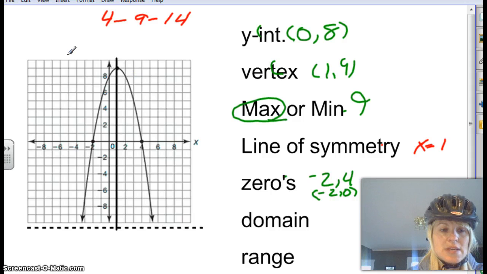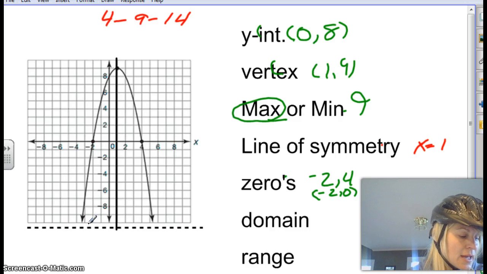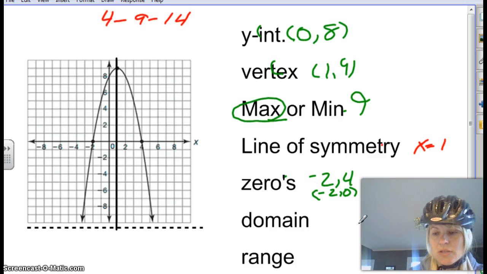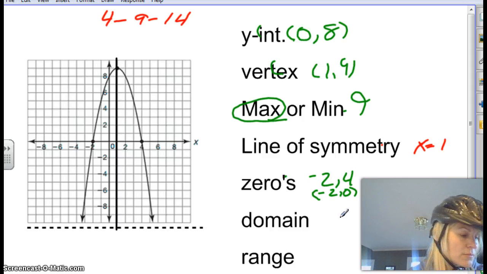And so you can see that the parabola is going to get wider as it goes to the left, and it's going to get wider as it goes to the right for infinity. So when we're trying to do our domain here, we can say all real numbers.